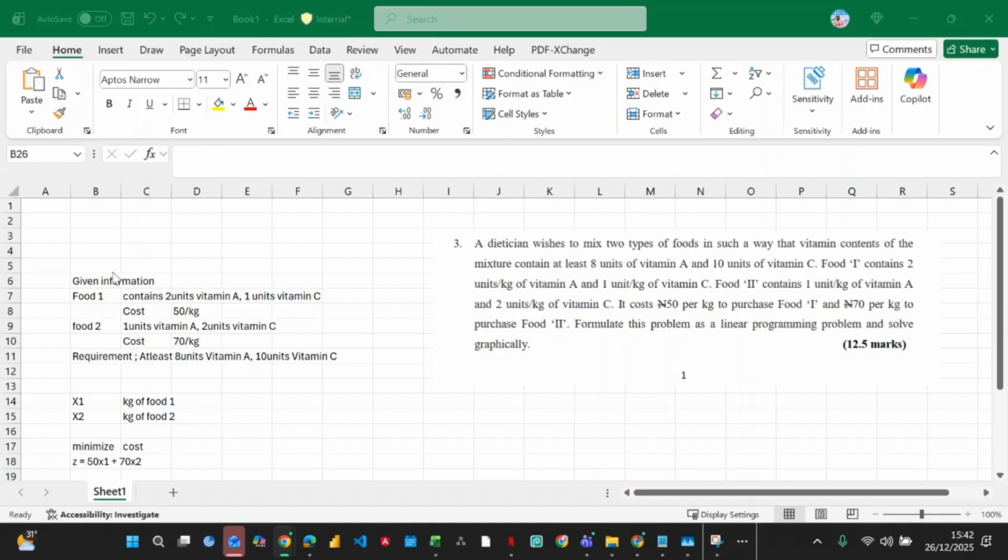So we are formulating the question. That's what we are doing, we are trying to build up. Let's look at the given data. We have food one and food two. Food one, what does it contain?